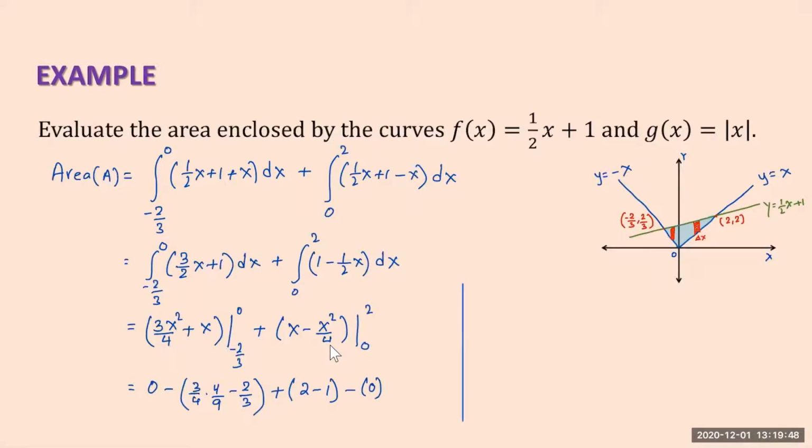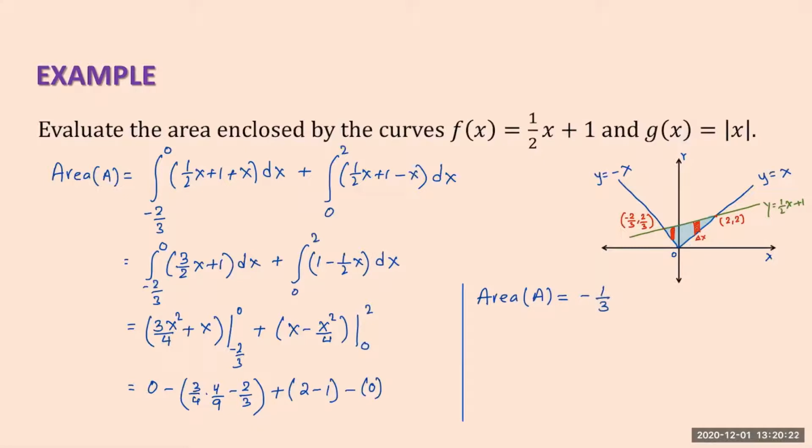So the area A is equal to the first quantity that I'm getting here. I'm subtracting this. You can clearly see we have a 0 and then minus, so I'm subtracting that. That is minus, and then here 4 and 4 cancel. It is the same as 3 over 9 or 1/3.